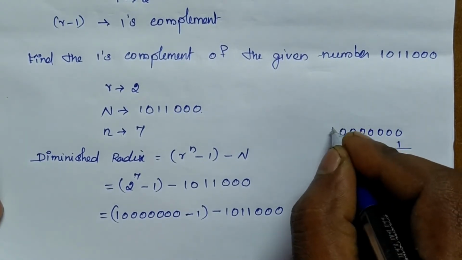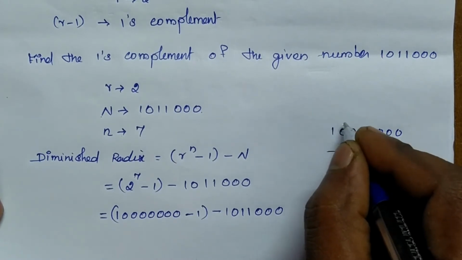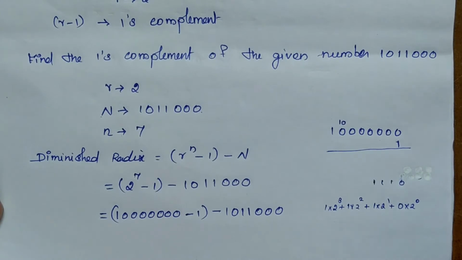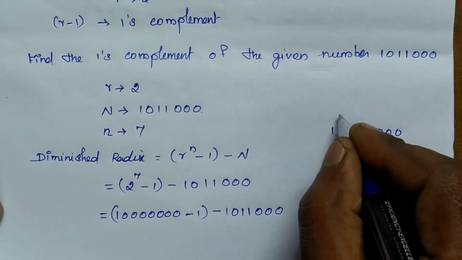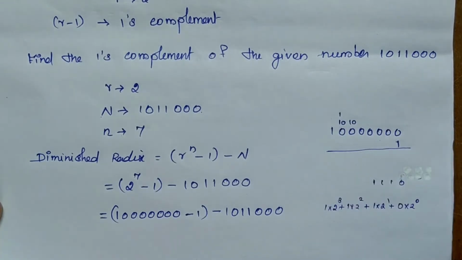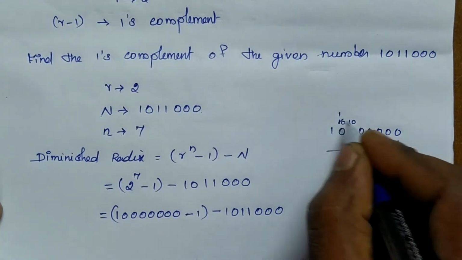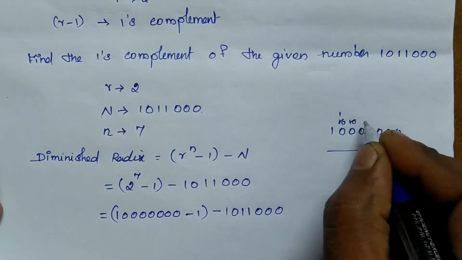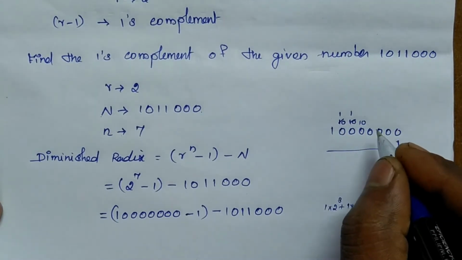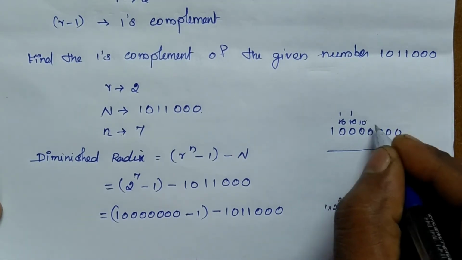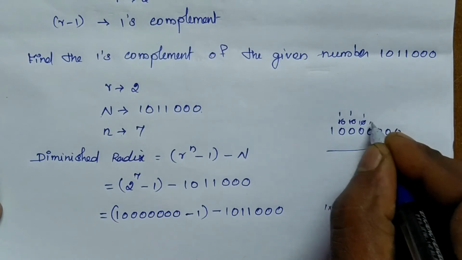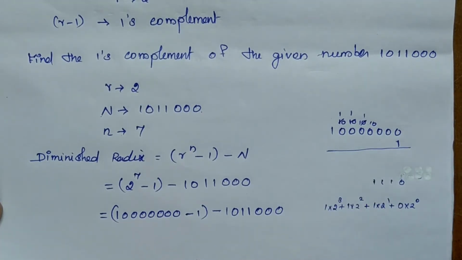So if I borrow 1, here the value will be 0. Here I will have the value as 1 0. Again I will borrow 1, therefore here the value will be 1. Here I will have the value as 1 0. Again if I borrow 1, here I will have the value as 1. Here I will have the value as 1 0. So again if I borrow 1, here I will have the value as 1. Here I will have the value as 1 0.